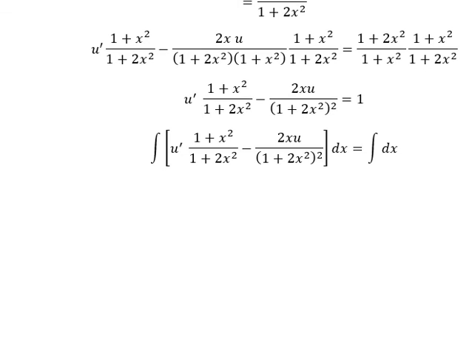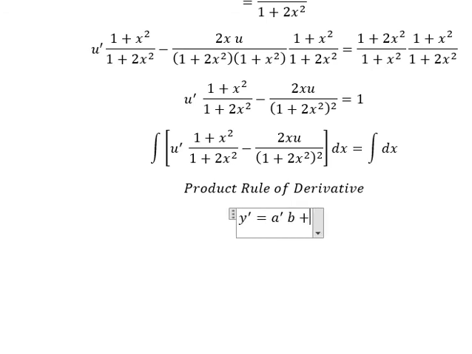Next, we can use the product rule of the derivative. So we have first derivative of y equals to first derivative of a multiplied by b plus first derivative of b multiplied by a.